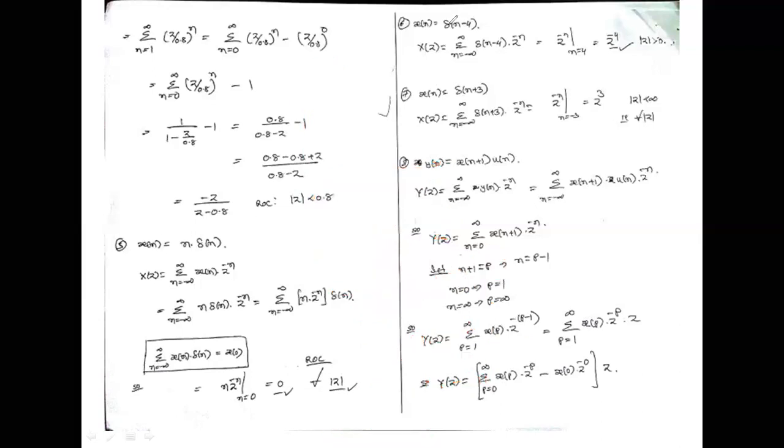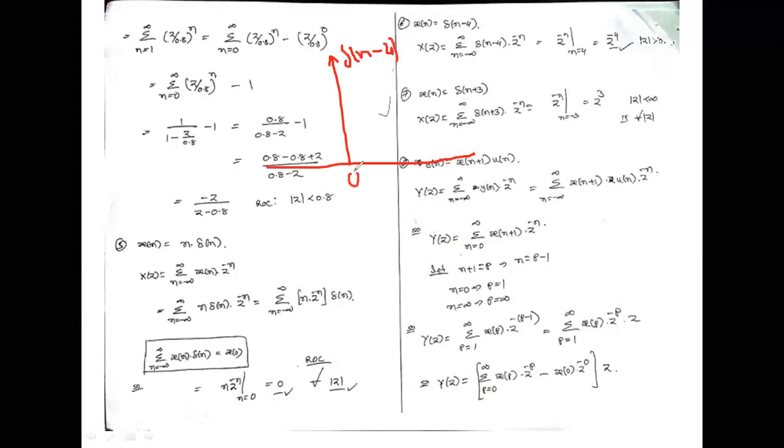In a similar way, x(n) is equal to delta of n minus 4. Even if it is shifted towards the right side or shifted towards the left side, the value is 1 for the delta. Okay. They're asking here x(n) equal to delta of n minus 4. So delta of n minus 4 is shifted towards the right side by 4 samples.